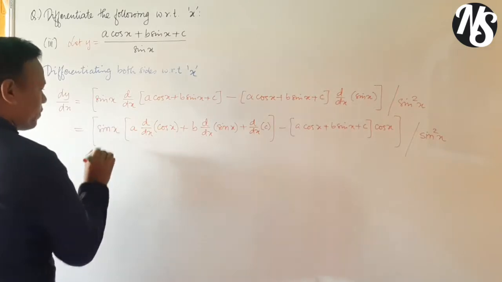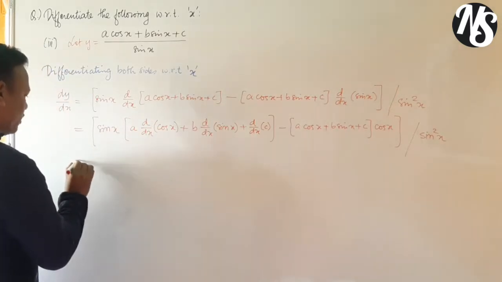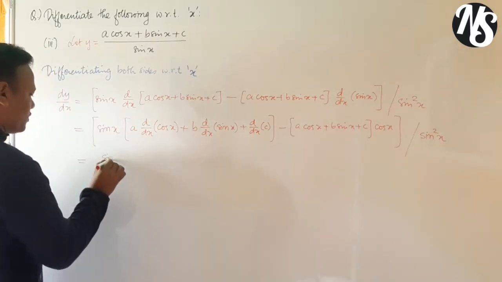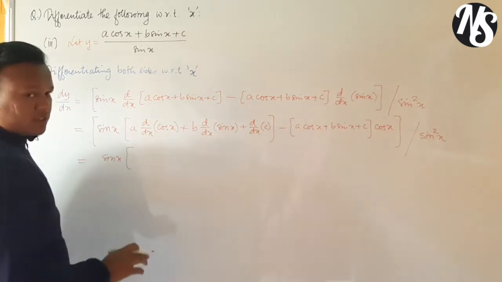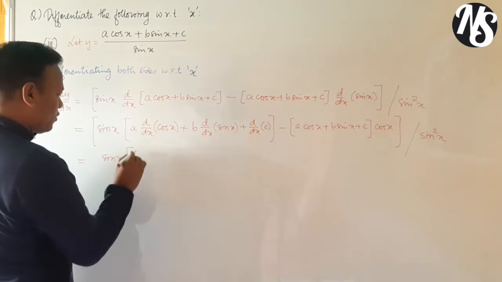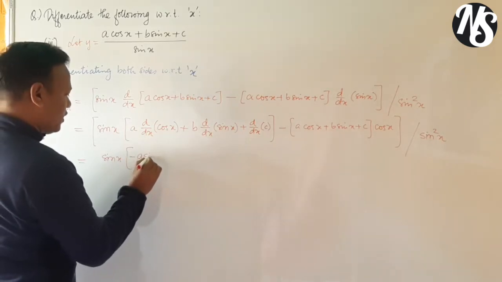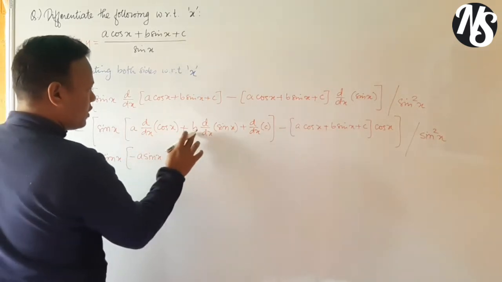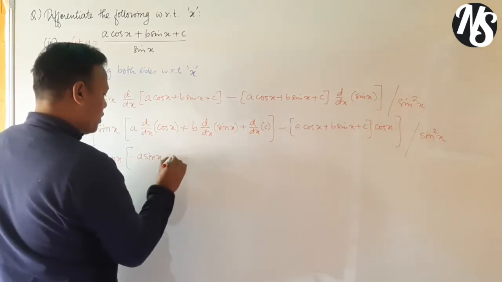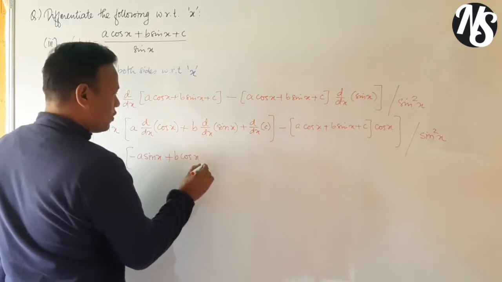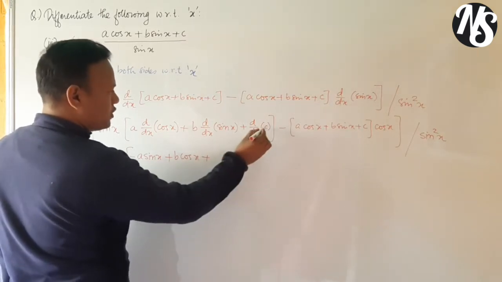Okay, fine. Now let's simplify. We have sin x. a is there, differentiation of cos x is minus sin x, so it will become minus a sin x. Similarly differentiation of sin x is cos x, so this will become b cos x. Plus what is differentiation of c?